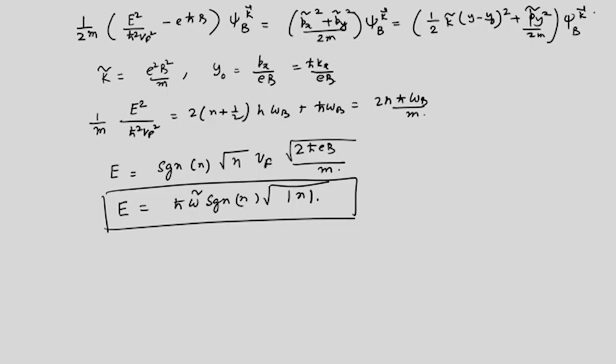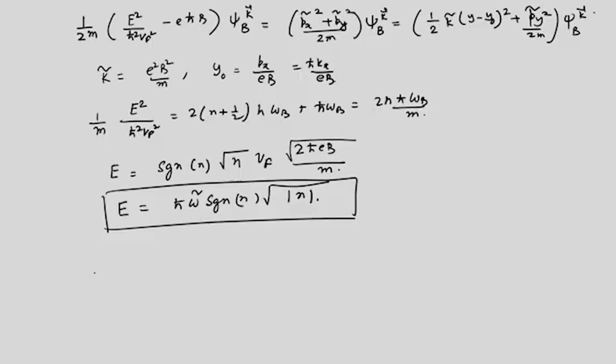Basically the lowest Landau level is of course n equal to 0, and this lowest Landau level is somewhat special, because it receives contribution from only one sublattice, say the A sublattice for the Dirac point at k, and from the other sublattice, that is B sublattice at the other Dirac point, that is k prime, whereas all the other Landau levels, that is n not equal to 0 Landau levels, receive contributions from both the sublattices. That is why the n equal to 0 is actually special here, whereas in the 2D electron gas there is nothing special about any of the Landau levels.